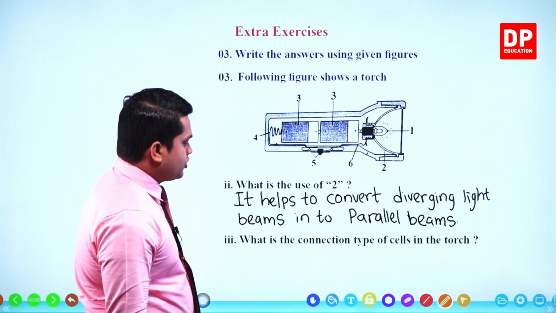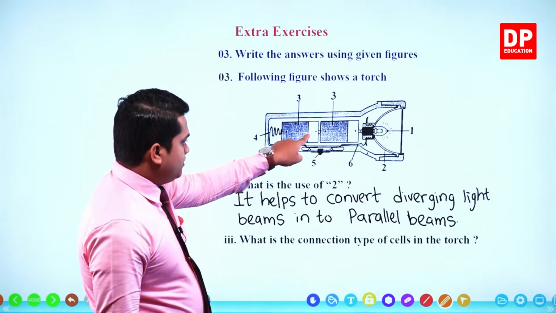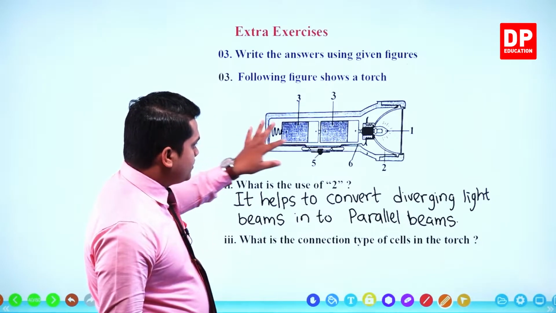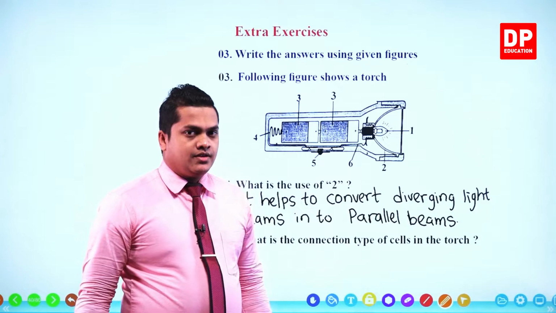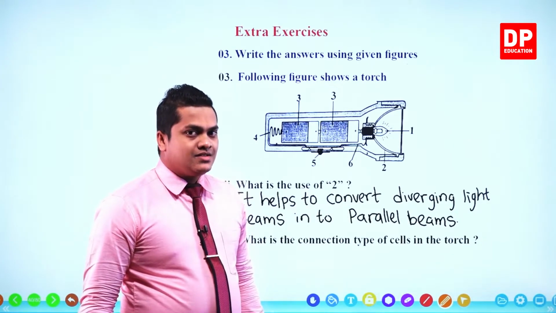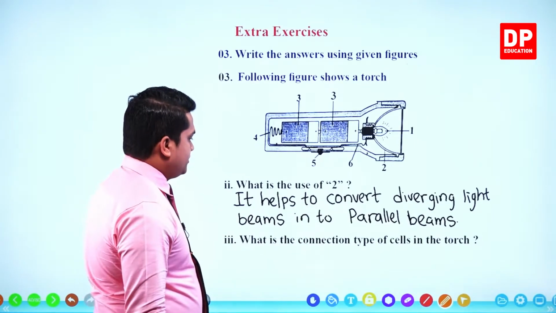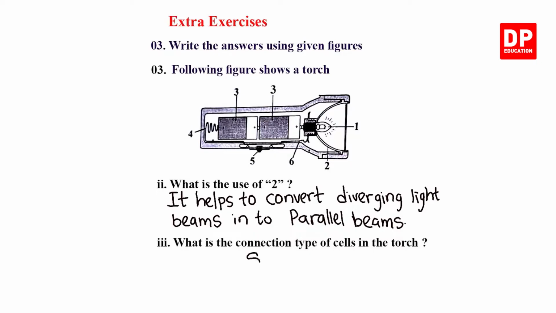Next one, what is the connection type of cells in the torch? Plus with the minus, then here plus, again here minus. So if plus and minus are connected to each other, you know that it is a series connection. So the connection type of cells in the torch is series.